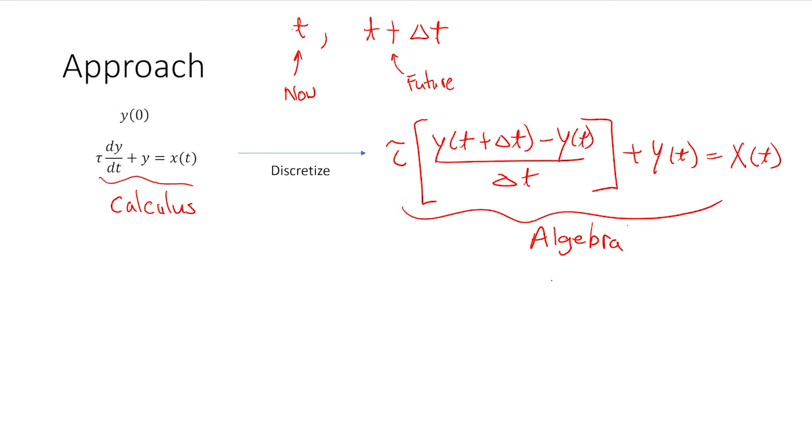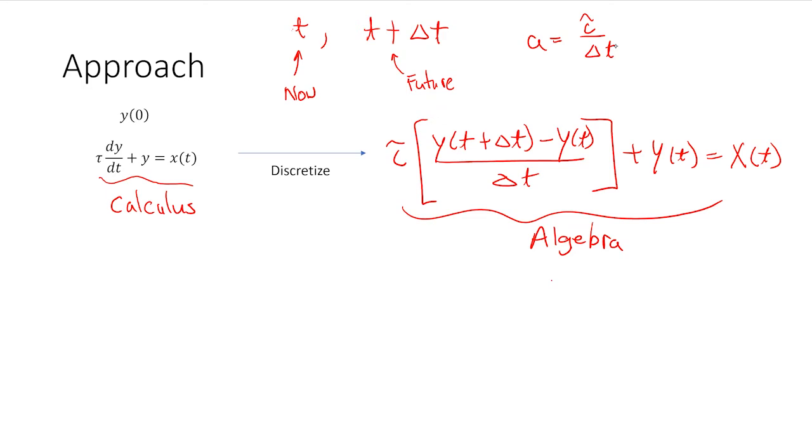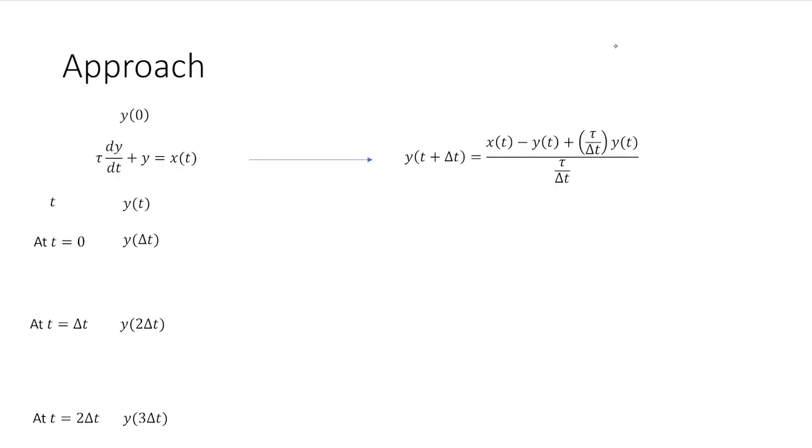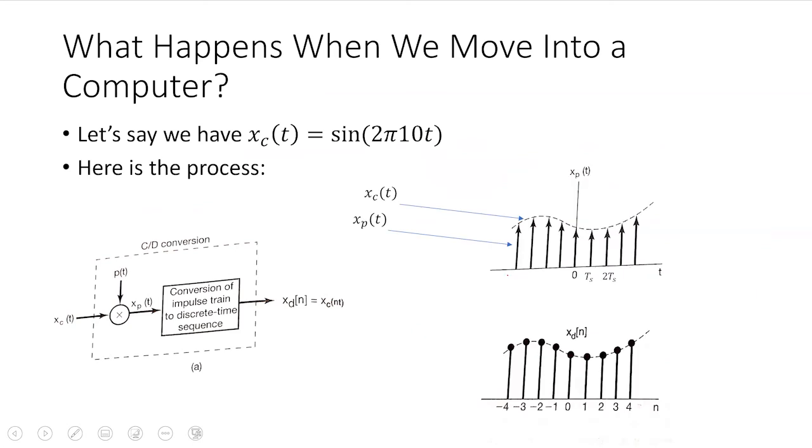So I'm going to define here A equals tau over delta t, like that. That's how I did it. Let me look at how I defined it in my code.